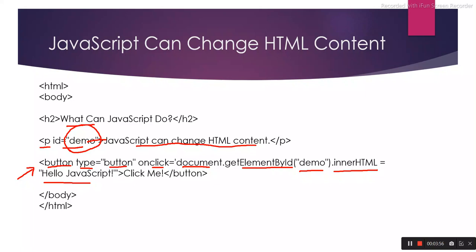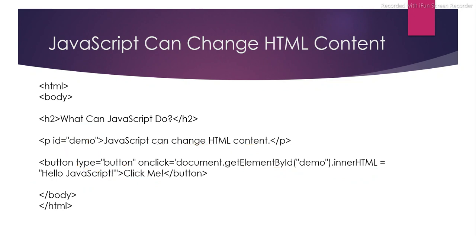So there is a button called Click me, and when I click on this button, this message gets written. When I click on this Click me, this message is written on this paragraph.